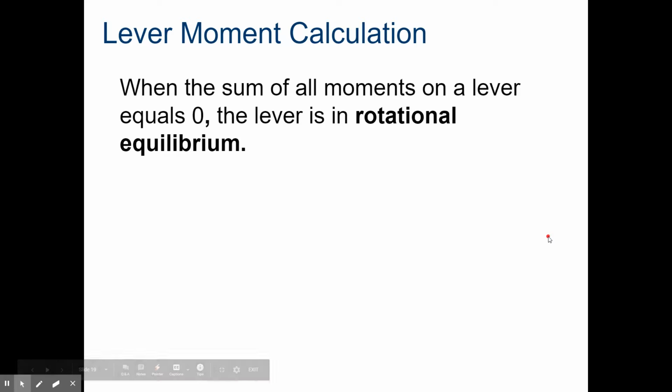Now, let's say our lever isn't moving. You and your buddy are on the teeter-totter and it's still. That means all the moments on that lever are zero. It's not rotating, so we say the lever is in rotational equilibrium.